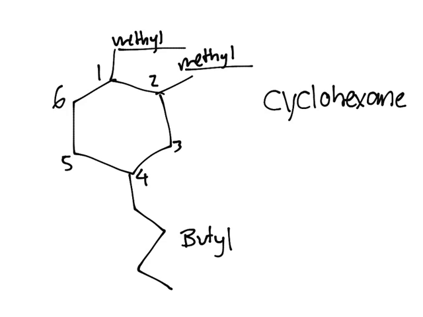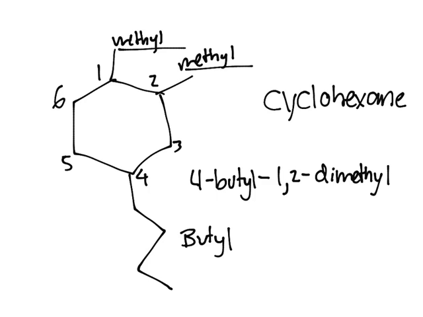So in total, this structure would be 4 butyl. Remember, B comes before methyl, and then it would be 1, 2 dimethyl cyclohexane.